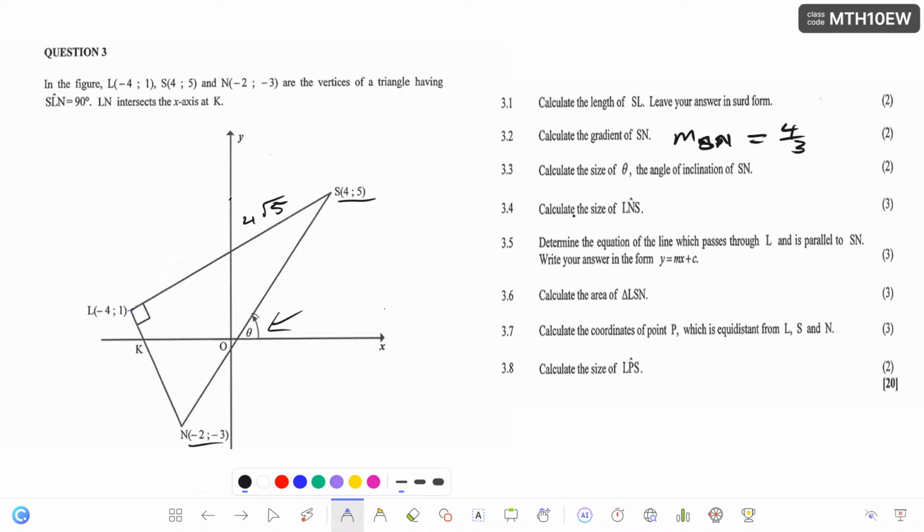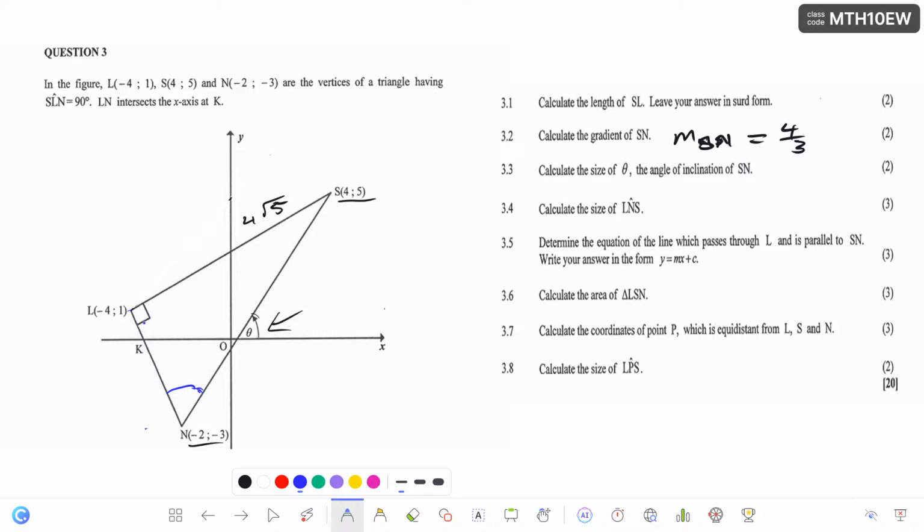So okay, now they said calculate the size of angle LNS. So they are looking for this angle. Since we have this length and this length, we don't have this length, but we can calculate it. And we are told that this is a right angle triangle. Why?